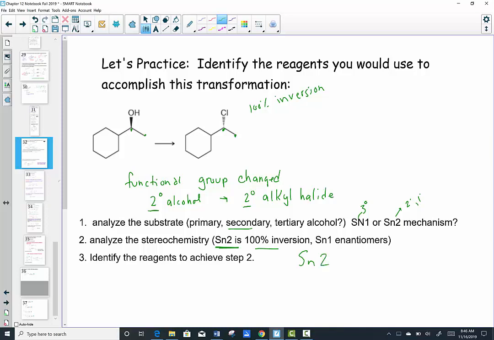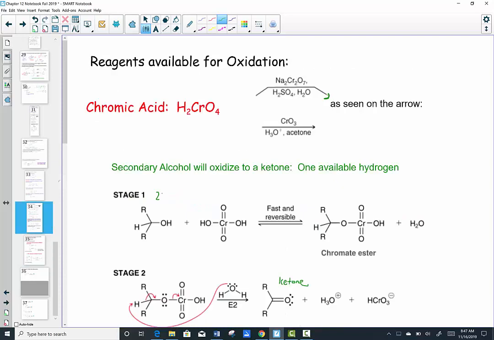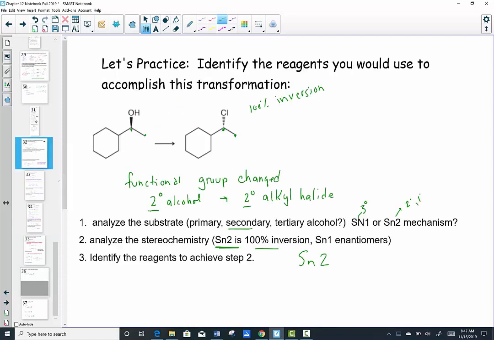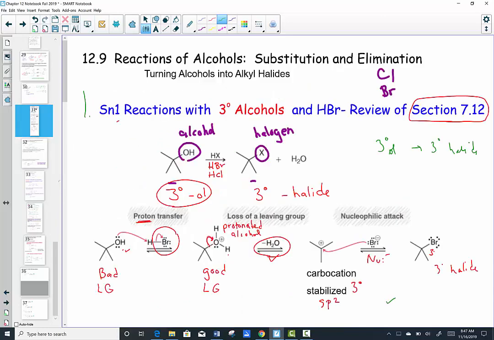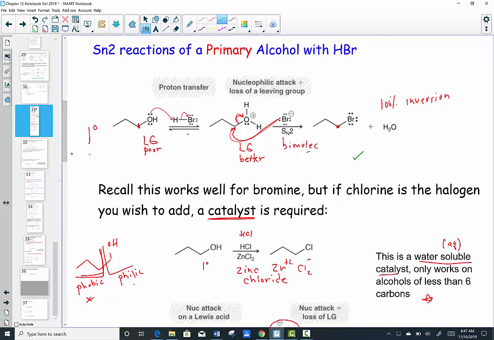So now I need to identify the reagents that will achieve this step. So that's our previous slide, your set of notes. It said, if I have an SN2 mechanism, how am I going to go about getting that conversion? And this is the slide I was trying to show. These are our reagents. We want to bring our eyes down to the SN2.